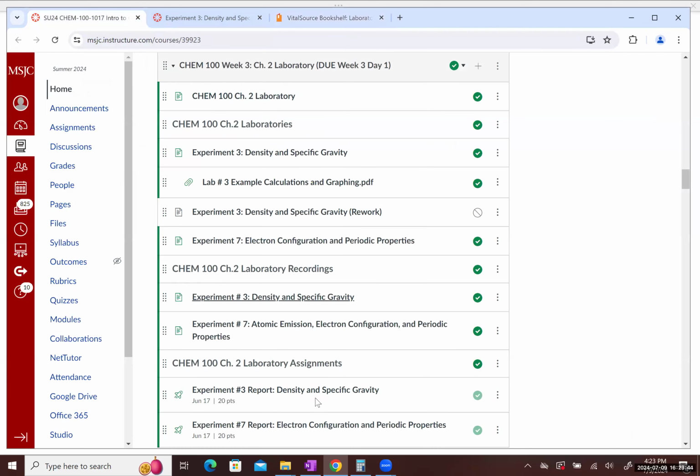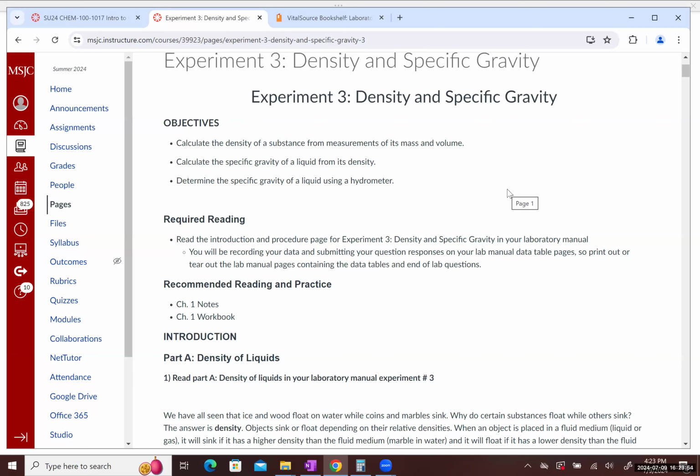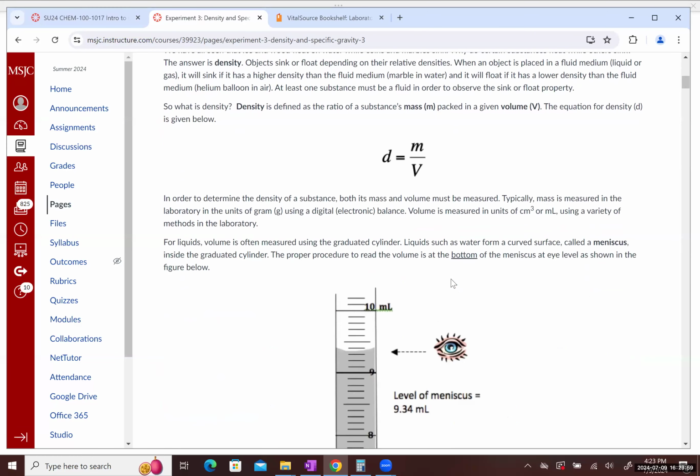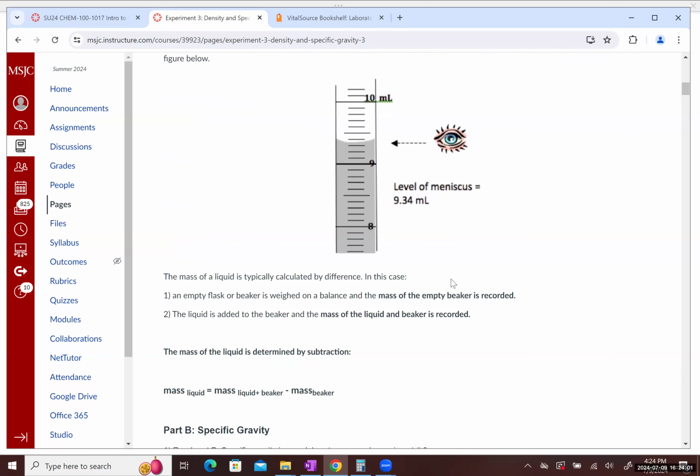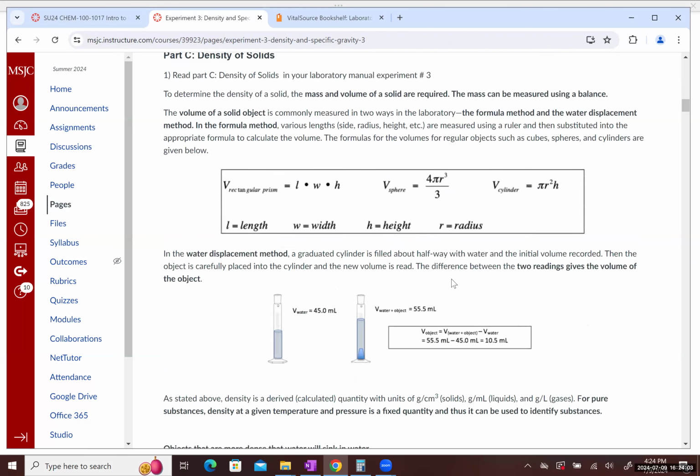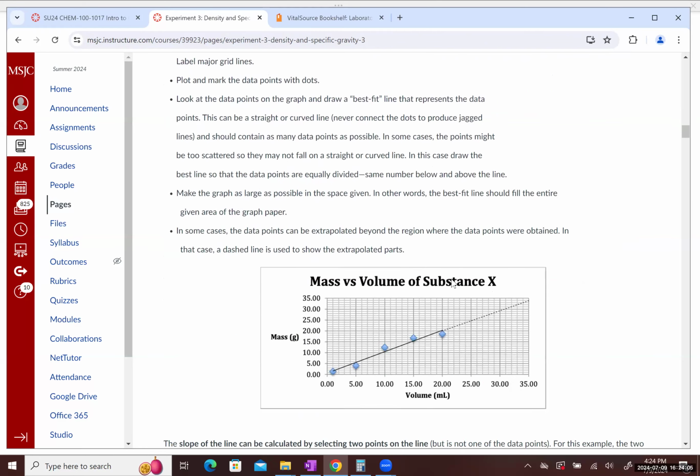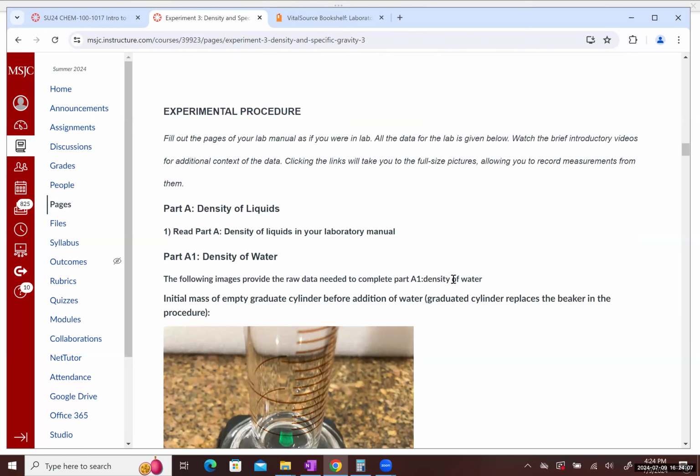And we'll be turning everything into the lab submission page once we've completed this lab experiment and filled in all of the report sheets. So let's take a look at the experiment 3 lab page. Again, there's an introduction section, which you can read over on your own time. And let's move on now to the experimental procedure.